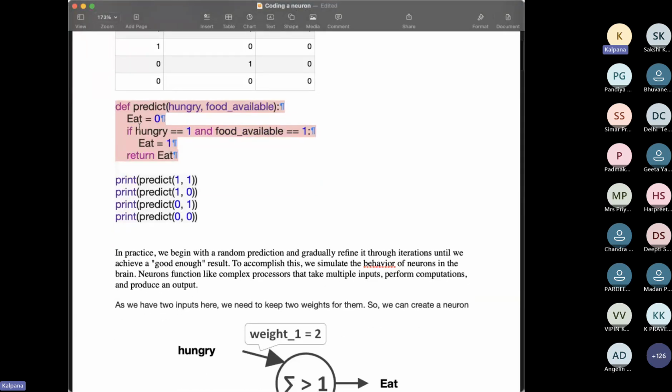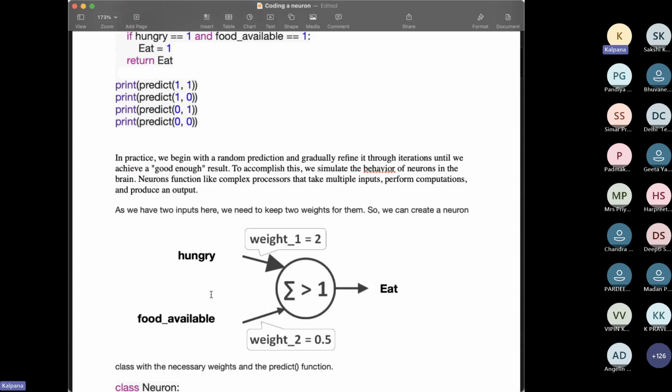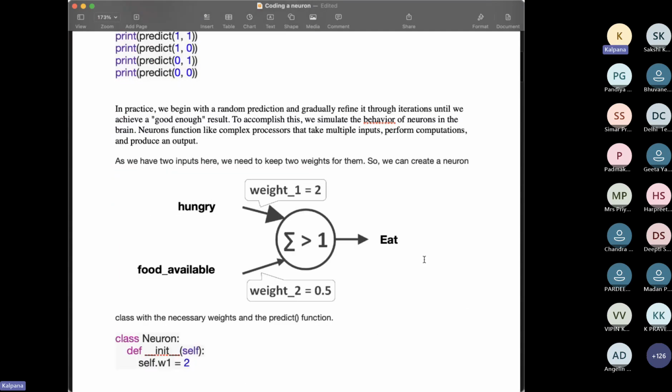So we will do this functionality using the behavior of a neuron. Can you see this figure? The inputs, hungry and food available, go inside this model, and it is doing some summation. If the summation is greater than 1, then the output will be eat.